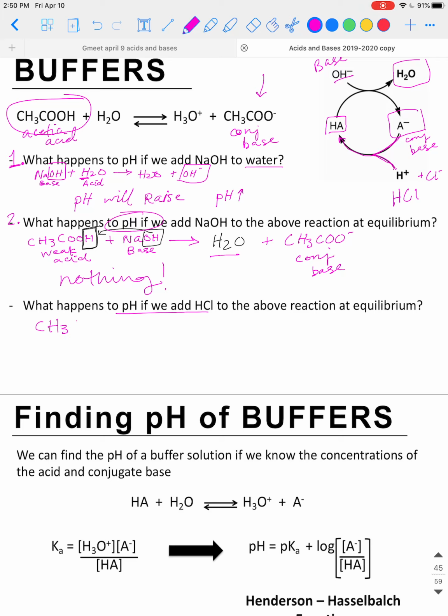So we're going to have the conjugate base, acetate, plus HCl, and that is going to make acetic acid. Let me write acetic acid better. CH3COOH, there's acetic acid.